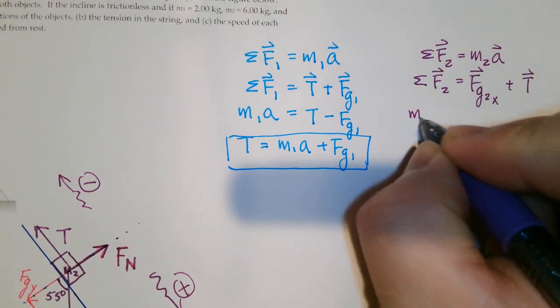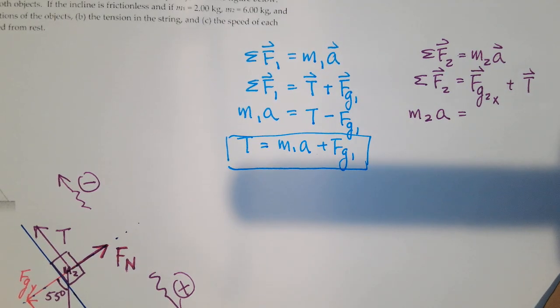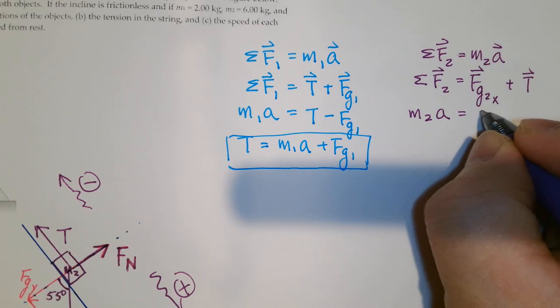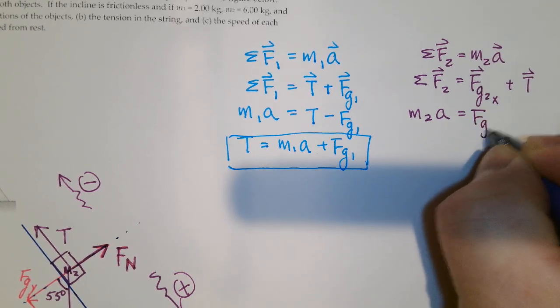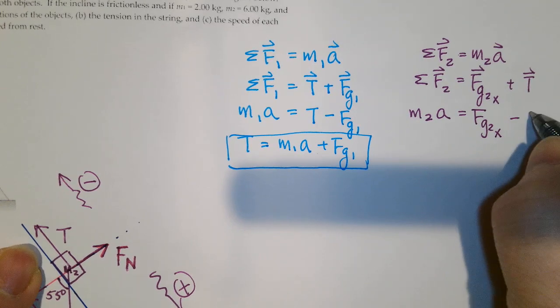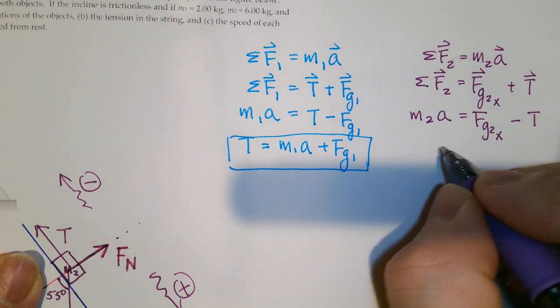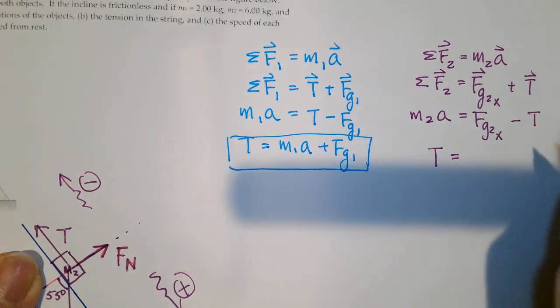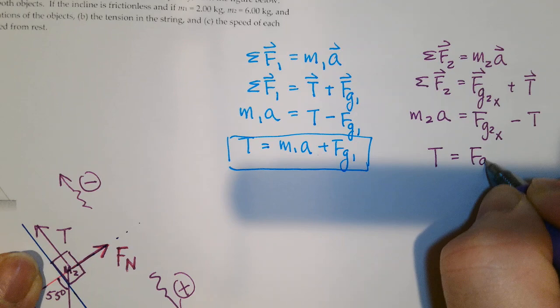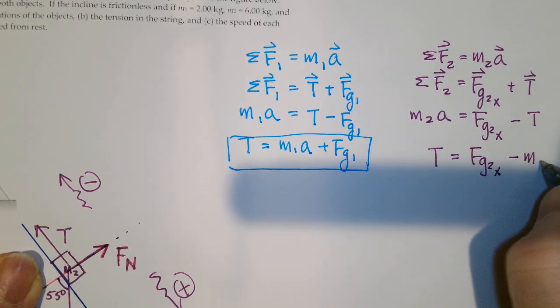So my M2A is equal to Fg2x, which is positive, and tension, which is negative. So if I solve for tension now, my tension is equal to Fg2x minus M2A.